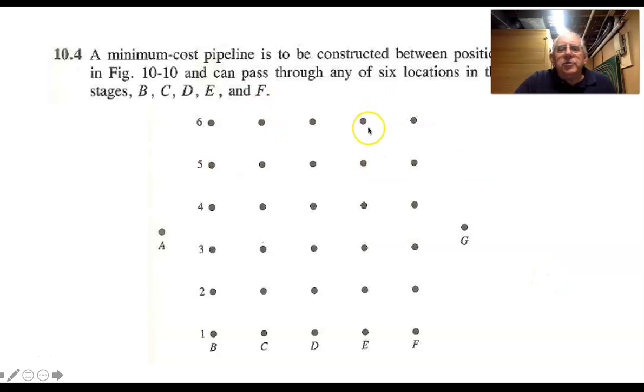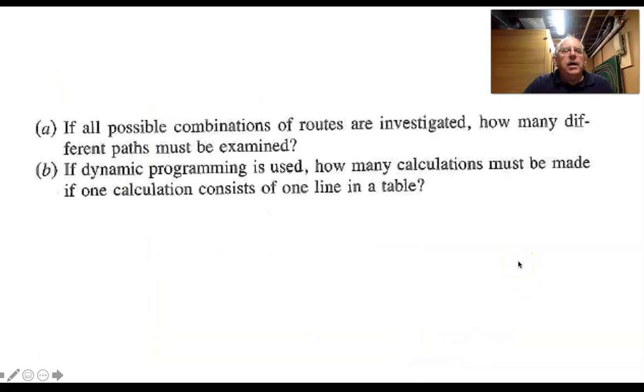And all that is being asked for in this particular problem is that you have the 6 intermediates, you have a beginning and an end, and you have 5 of those substations. And so the question posed is, if all possible combinations of routes are investigated, how many different paths must be examined?